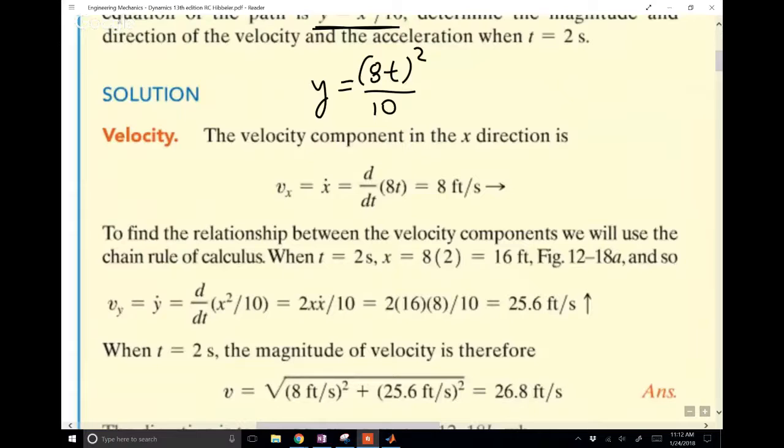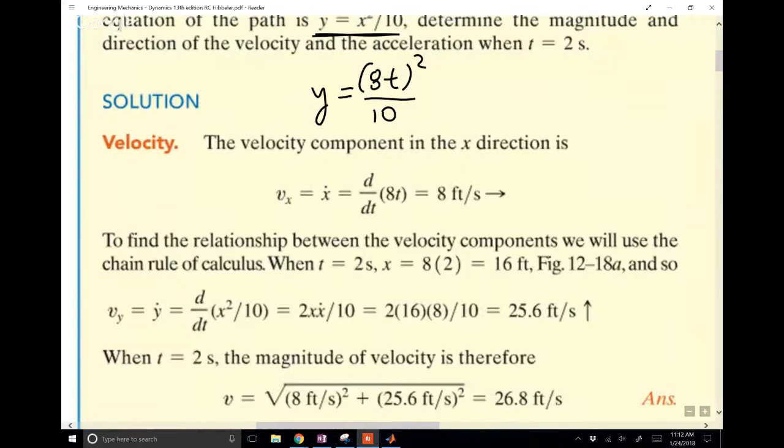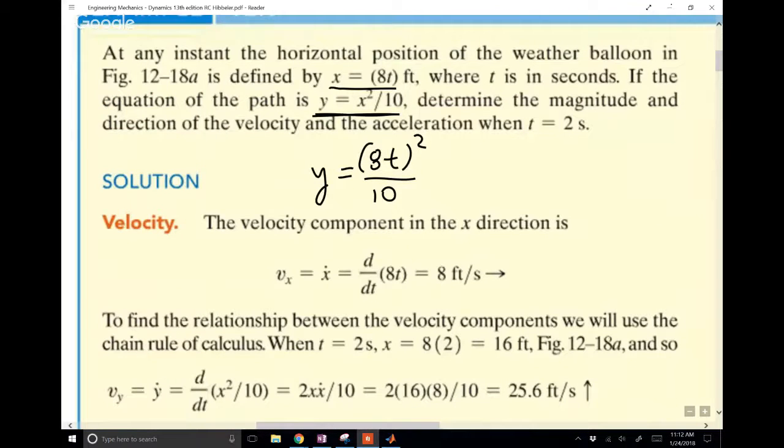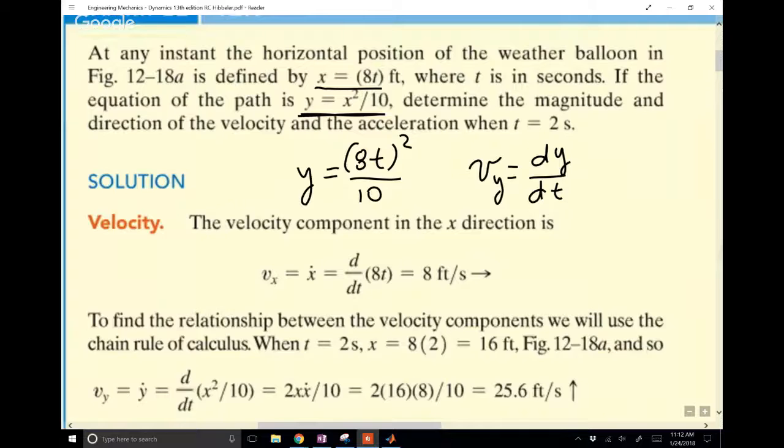Now, there's another way to do it too. And let's see, does he do it that way? If you're looking for the velocity and the y, by definition, that has to be that.